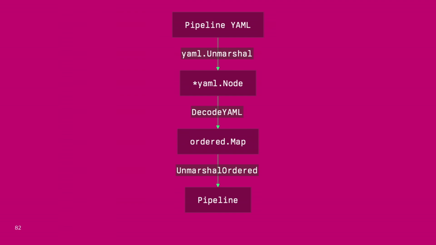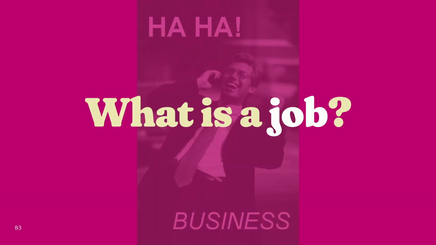This became a three-step process where we would use the YAML package to unmarshal into its own temporary YAML node structure, which preserves all the detail about the pipeline YAML, decode that into an ordered structure, and then unmarshal from that into our destination structure.